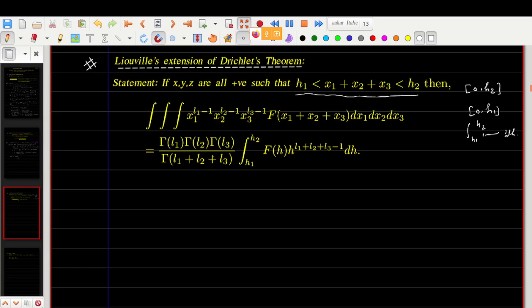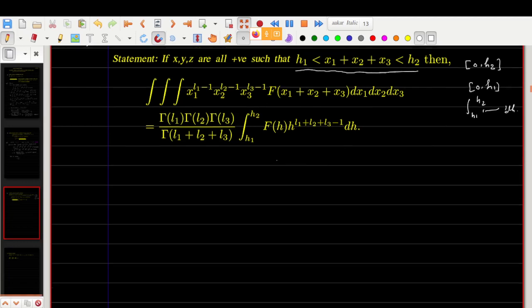And f is a scalar field that is defined in the domain where we have taken integration, so we can evaluate from h1 to h2 f of h times h to the power L1 plus L2 plus L3 minus 1 dh. This is the formula, right?